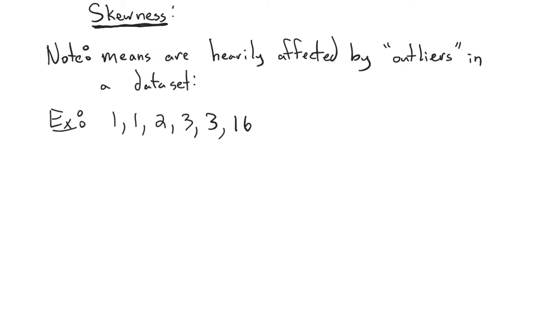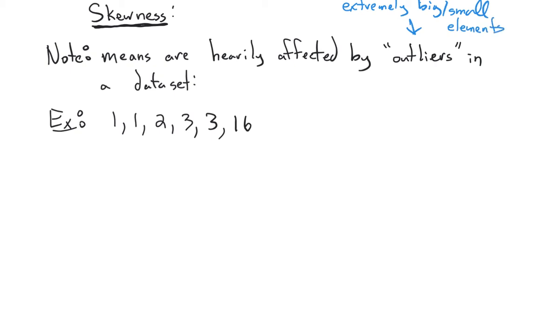If you think of the balance point idea of means, they're going to be heavily affected by really large or really small values in a data set. We call those outliers. So with outliers, we're thinking of extremely big or small elements.